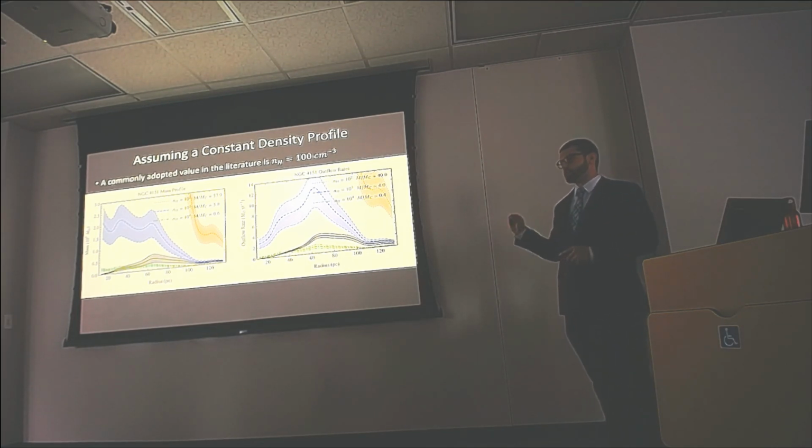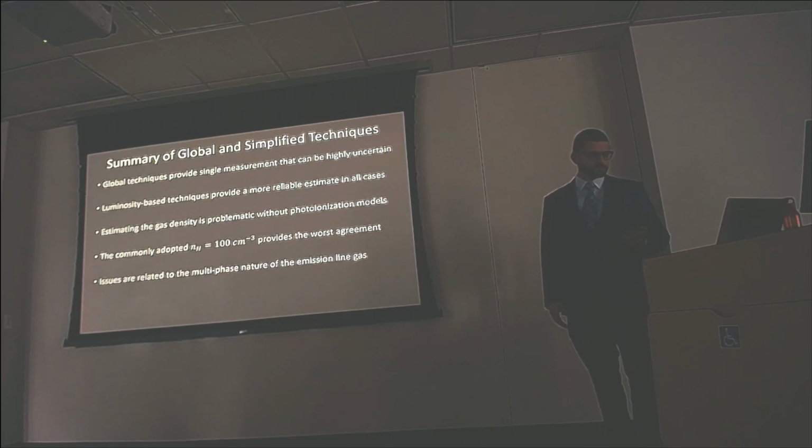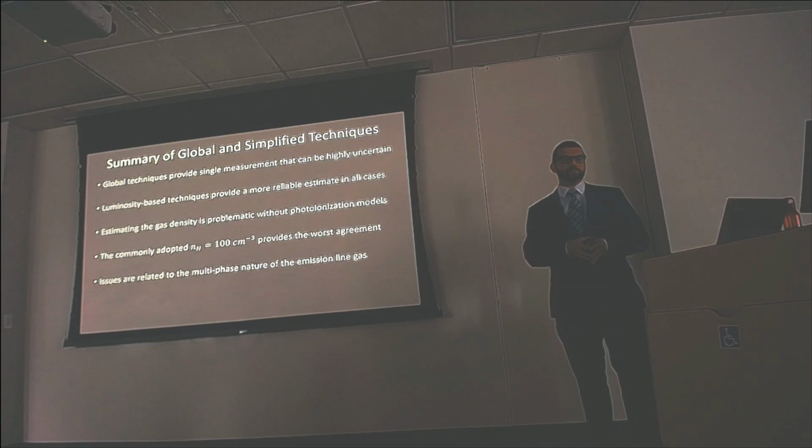So again, let's summarize these results and condense down the main points. The first is that global techniques that add everything together, that have been the primary method used, estimating the gas density without the use of photoionization models is very difficult.